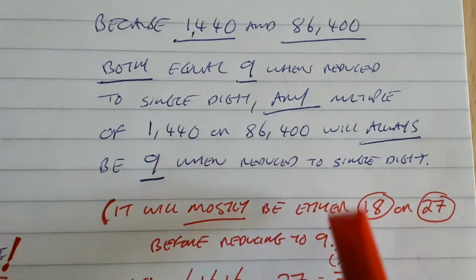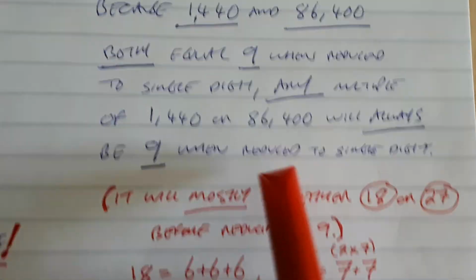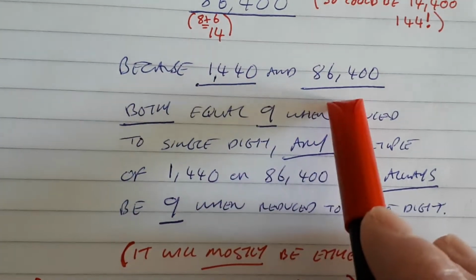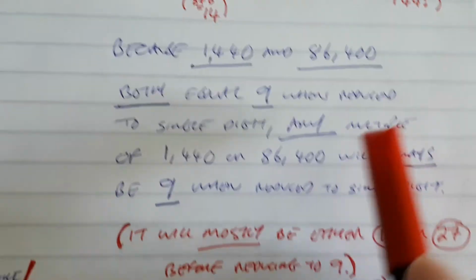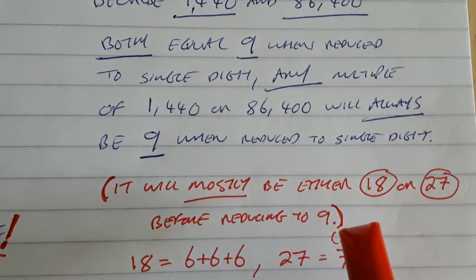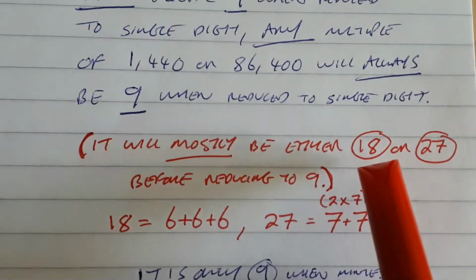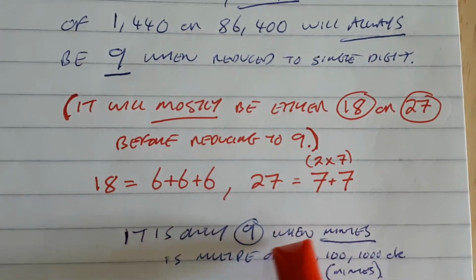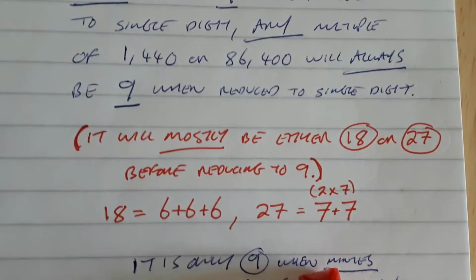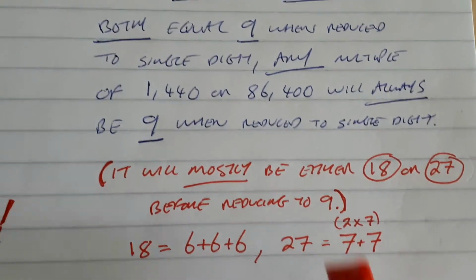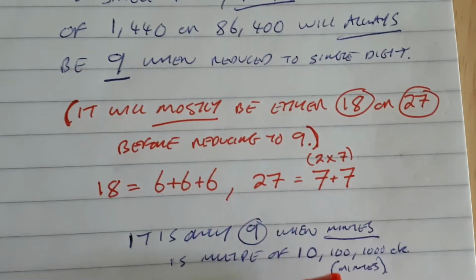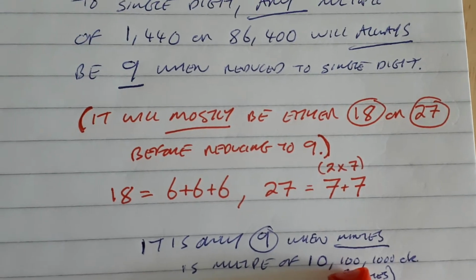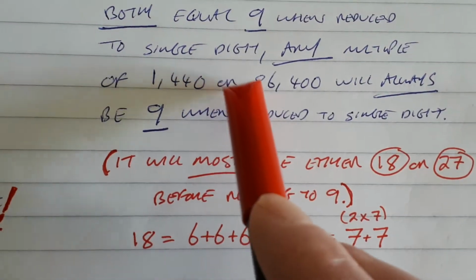It's because you're dealing with a multiple of 9. That equals 9, and that equals 18, which is also 9. So any multiple of it will always be 9. But the rule that it's always either an 18 or a 27 doesn't apply when you times in the minutes, that number there, by a multiple of 10, because you'll just have that plus zeros at the end of it.